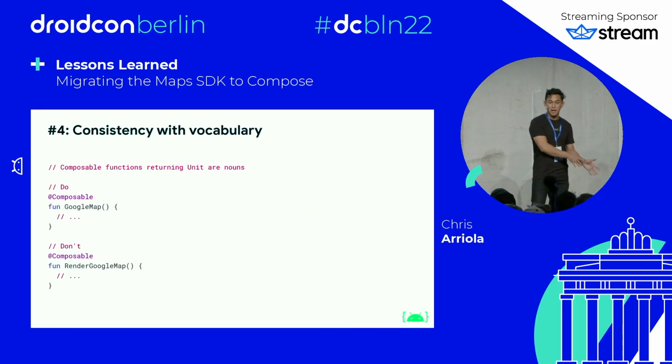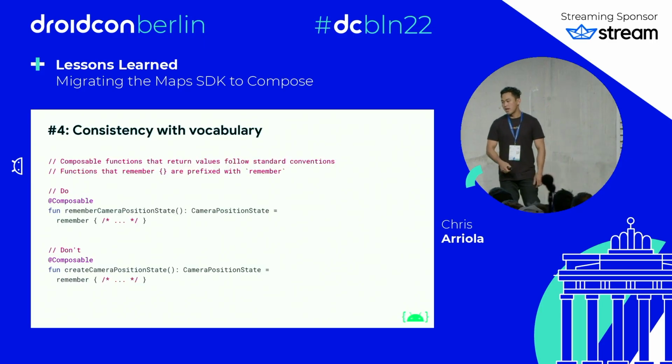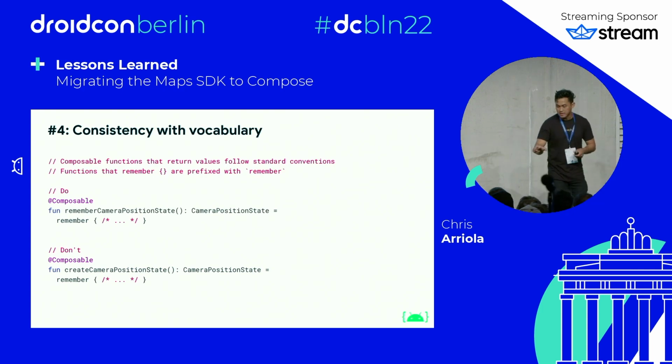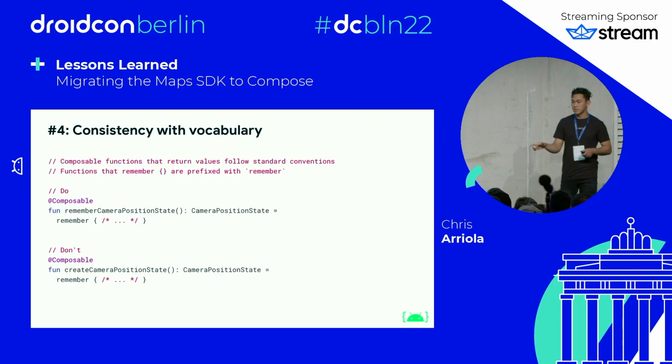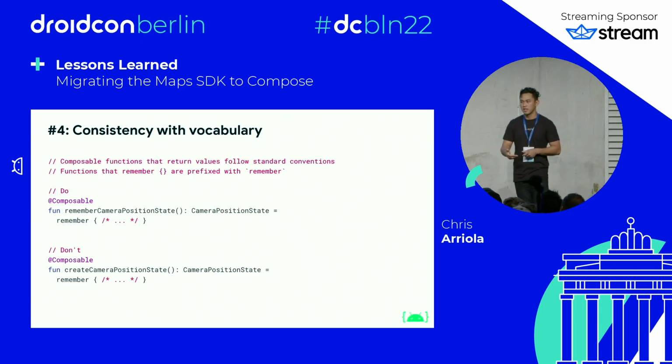So just Google Map, not verb-noun, like render Google Map. And then composable functions that return values just follow the standard naming conventions for methods. The special case here is that if the function remembers something, then you want to prefix it with remember, so it's clear to the caller that this has implications in terms of caching state across recompositions.